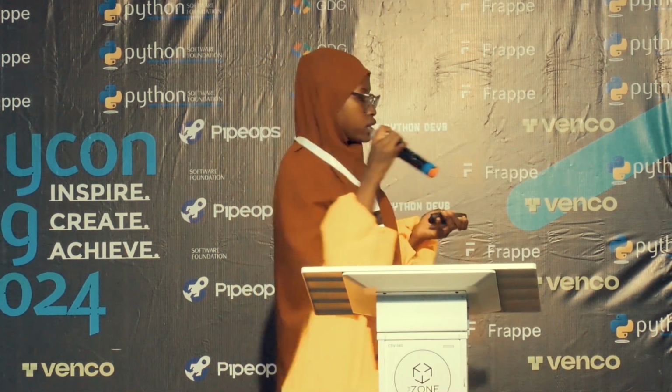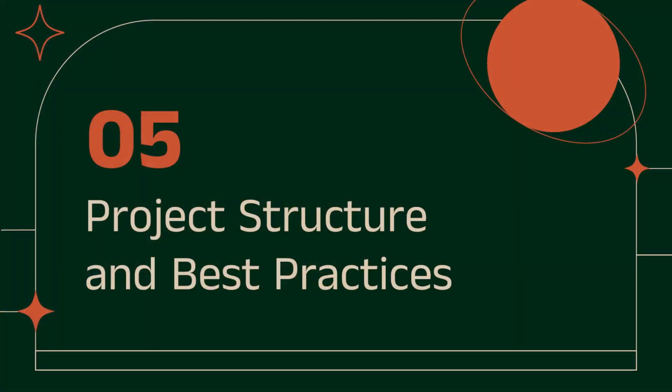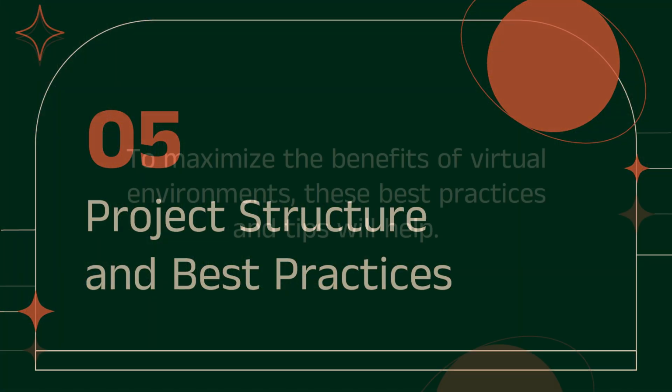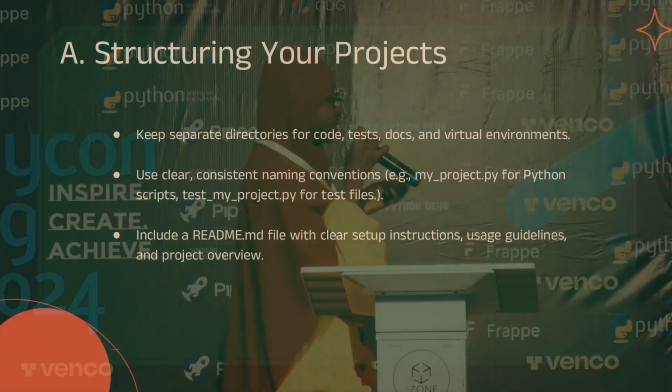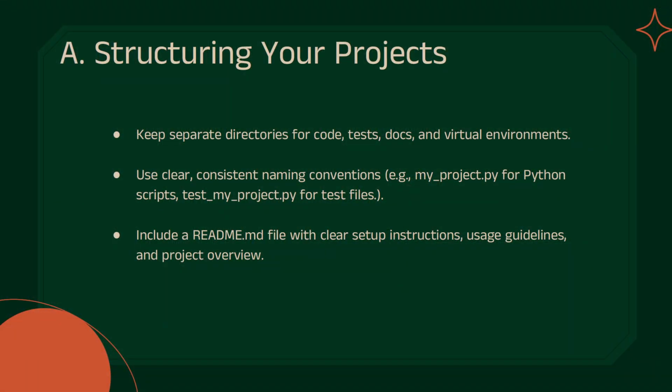So the fifth one is on project structure and best practices. So to maximize the benefits of virtual environments, these best practices and tips will help. So the first is structuring your project. Keep separate directories for code, test, docs, and virtual environments.